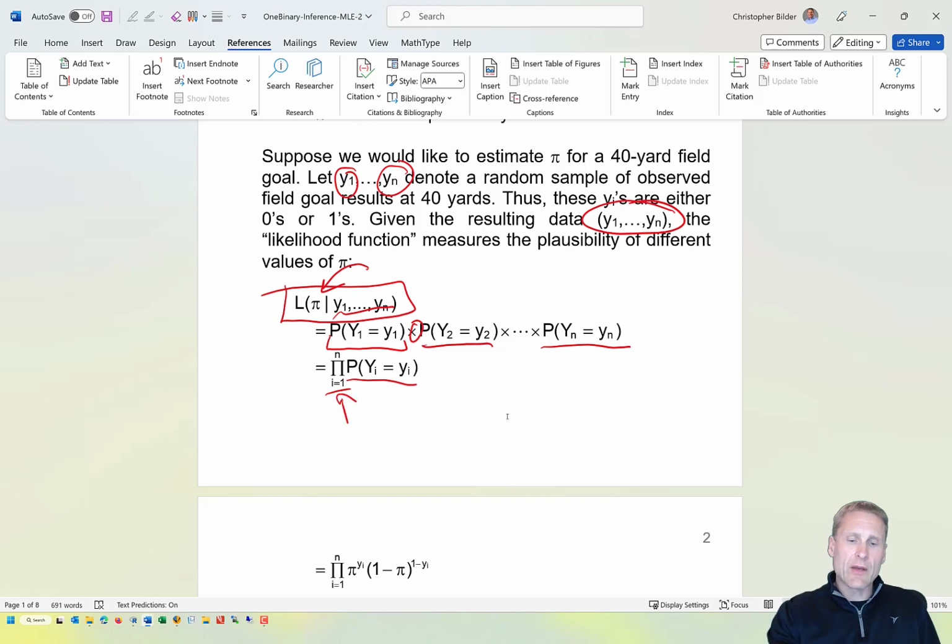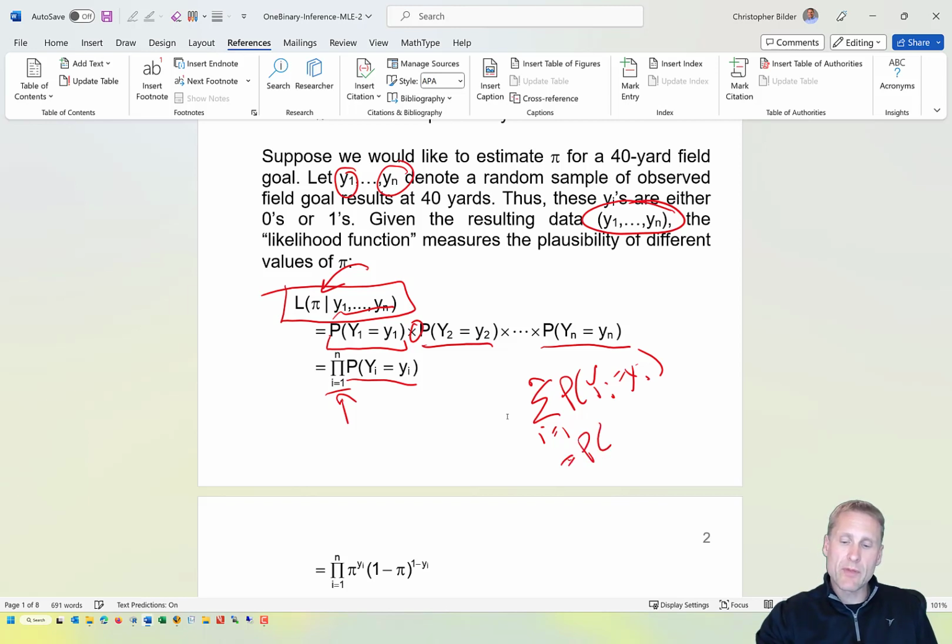Now, sometimes I will have students who have not seen this kind of a product notation before, and this is basically the multiplication equivalent to summation notation. So all of you should have seen something like this. Suppose we have the sum from i equal 1 to n of the probability capital Y sub i is equal to little y sub i.